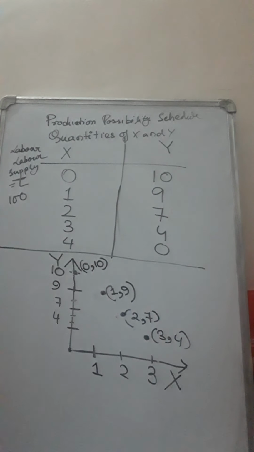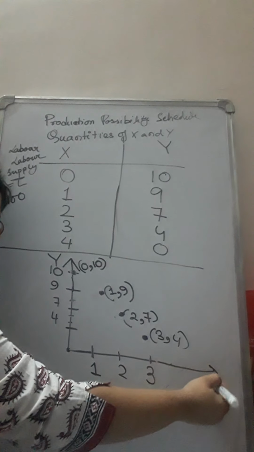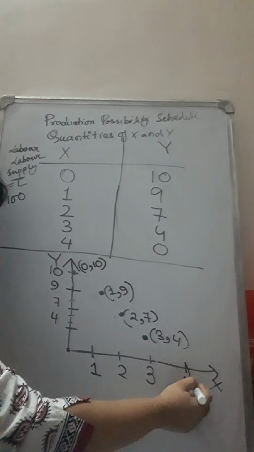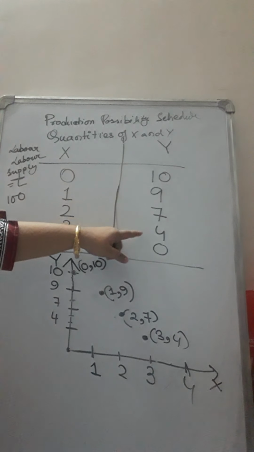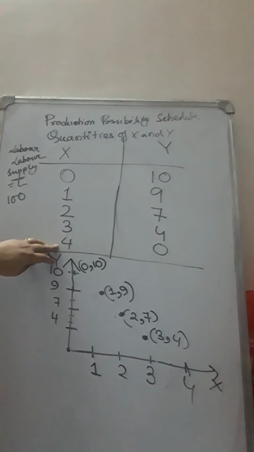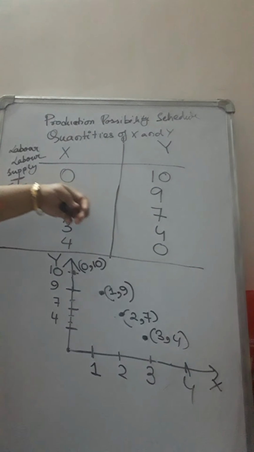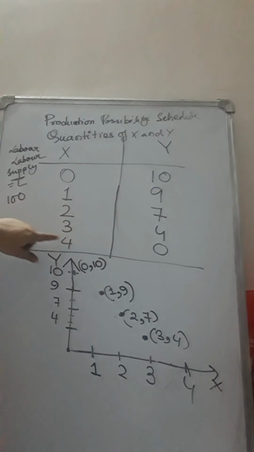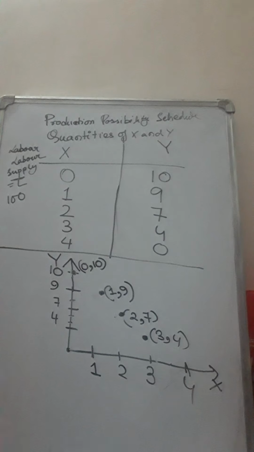And the last combination that you can see, that if you want to increase 1 more unit of X, what happens? Y production falls to 0. That means in order to produce 1 more unit of X, you are basically taking the help of all the input, channelizing the inputs, allocating the inputs in the production of X. So, Y production falls to 0.